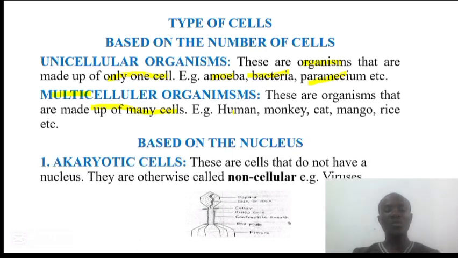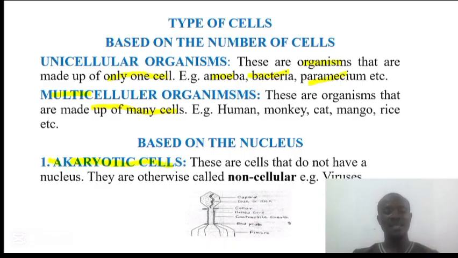On the basis of the nucleus, we have three types of cells, or three types of organisms. We have acellular organisms. When the prefix a precedes a word, most often it means not.